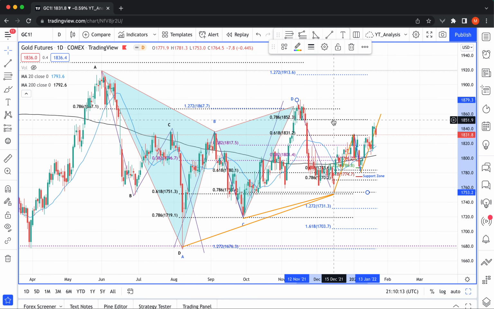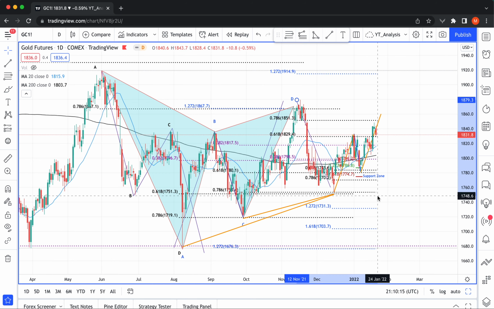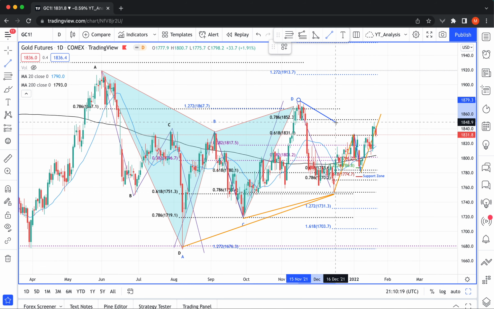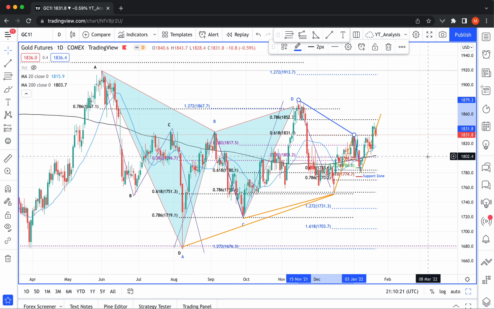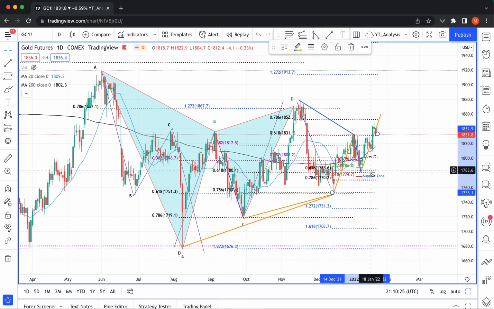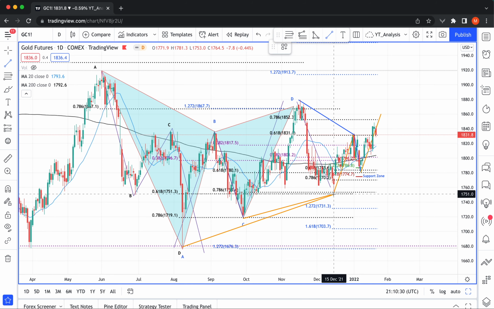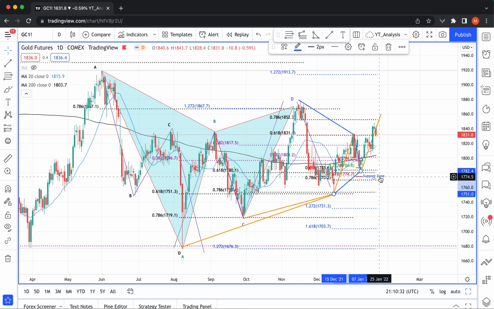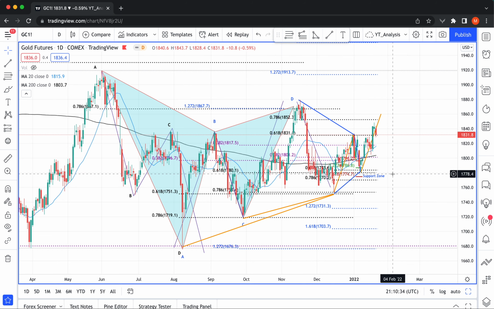It found resistance at the 61.8% retracement level, which is coming off here. So this is the 61.8% retracement level, and it then found support from the 61.8% retracement level as well, which is here. So we had a written support zone from a previous video.